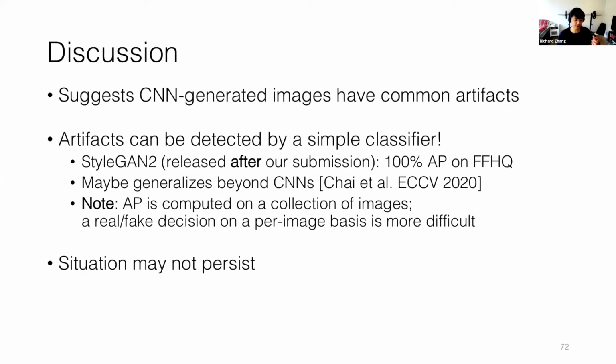Also, this situation here may not persist. So GANs themselves are trained with a discriminator, and we explored this connection before. It turns out that they don't reach the Nash equilibrium right now, but perhaps someday they will reach Nash equilibrium with a discriminator that's infinitely large. And if that happens, then even if you freeze the generator after the fact, the discriminator won't be able to pick up anything.